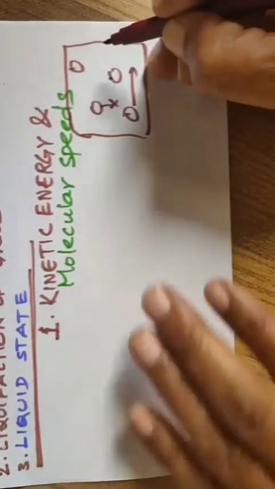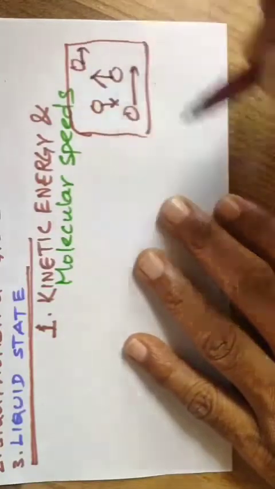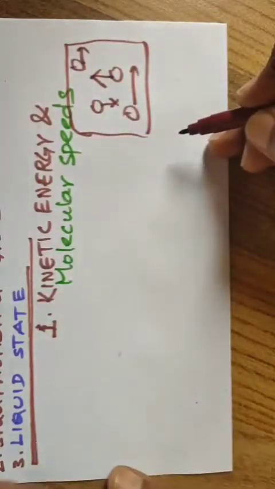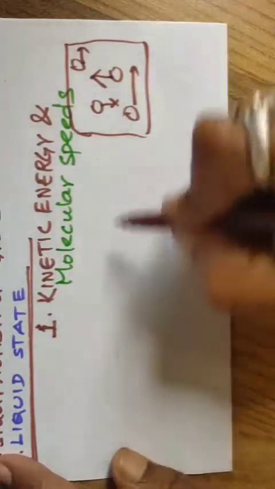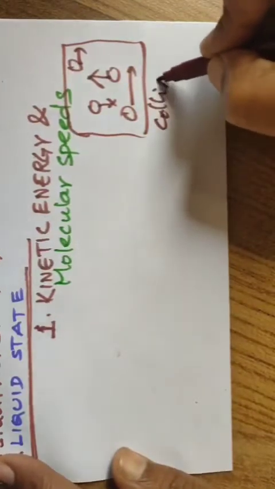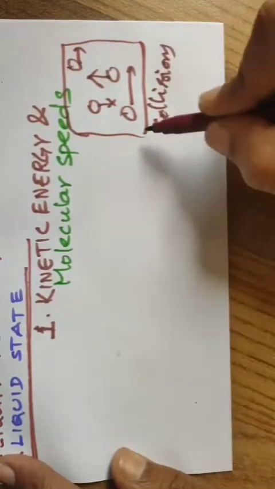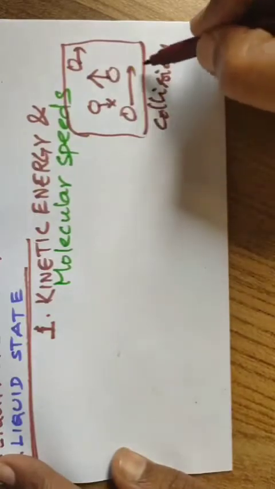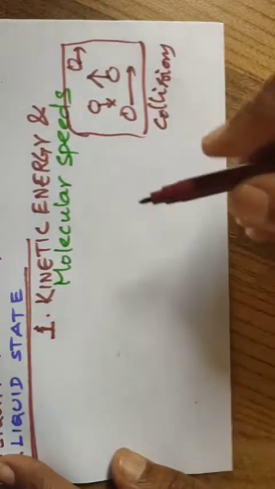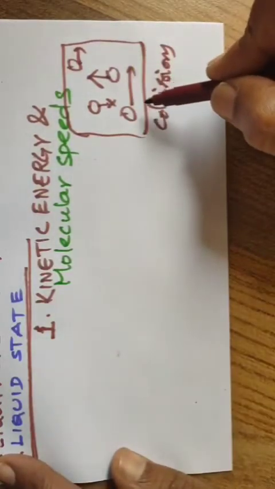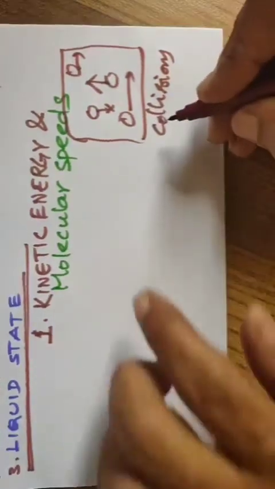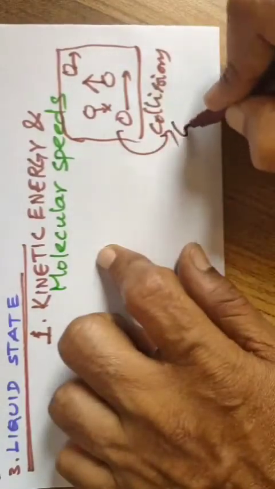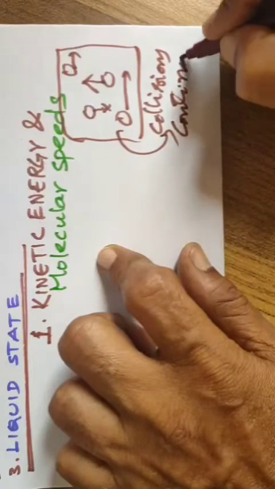We studied this as the kinetic molecular theory of gases. Due to this, what will happen? There are collisions among the molecules as well as on the walls of the container, and continuous motion.